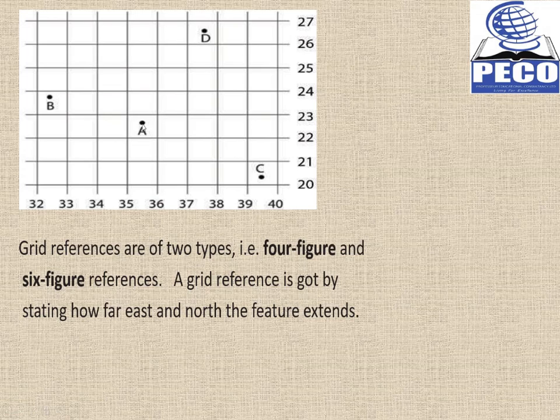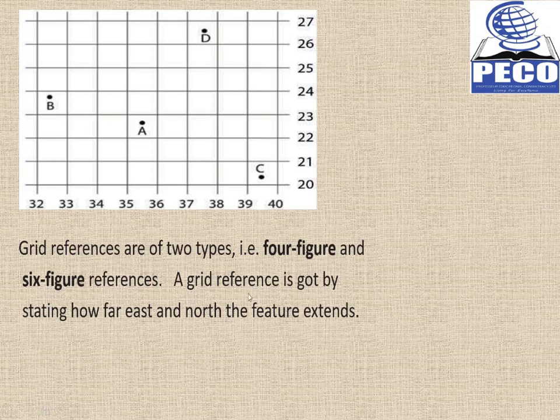For example, if you're looking at A, from 35, how far does it extend eastwards? From 22, how far does it extend northwards? Likewise, feature B, from 32, how far does it extend eastwards toward 33? And from 23, how far does it extend northwards towards 24?